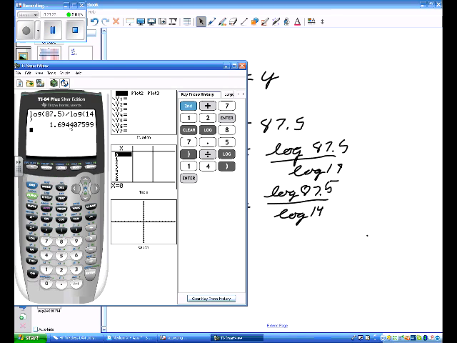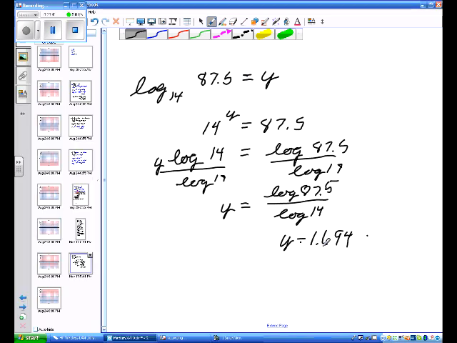So at this point, our exponent y was equal to 1.694, or 1 and 694 thousandths.